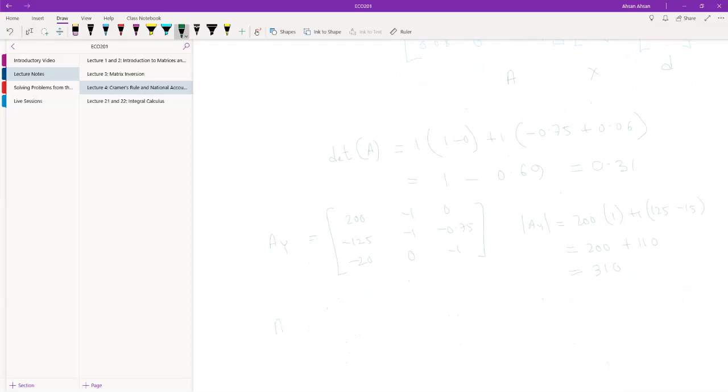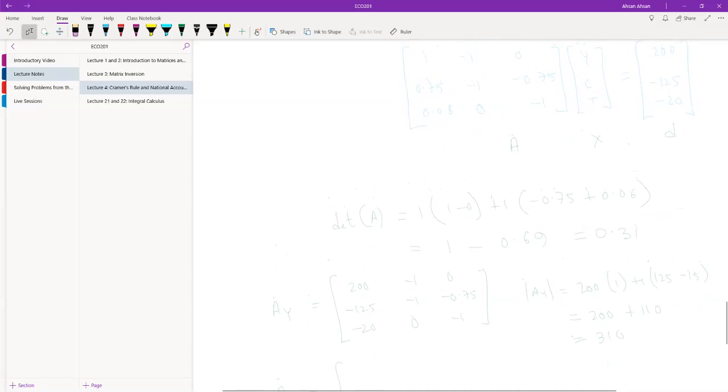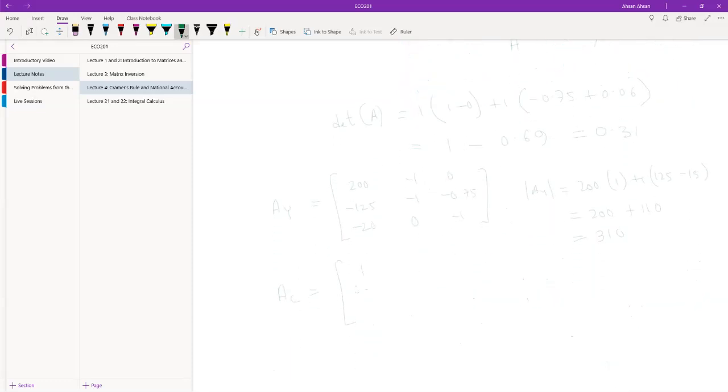Let us now construct A_C, which will be 0.75, 0.08, no, sorry, 200, minus 125, minus 20 in the second column, and the other columns 1, 0.75, 0.08 and 0, minus 0.75, minus 1.